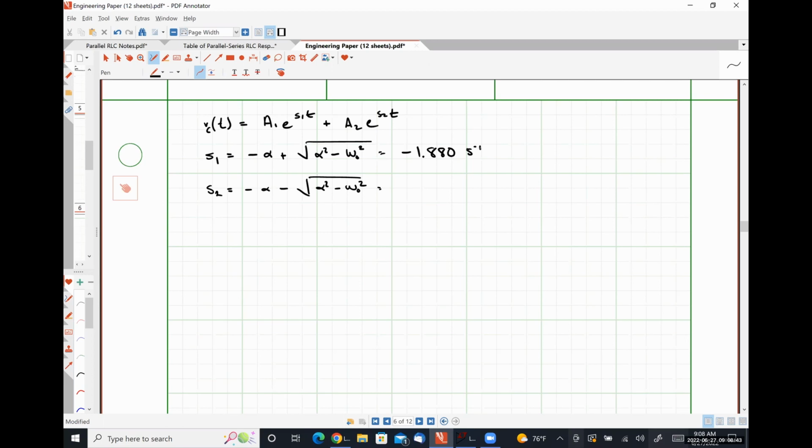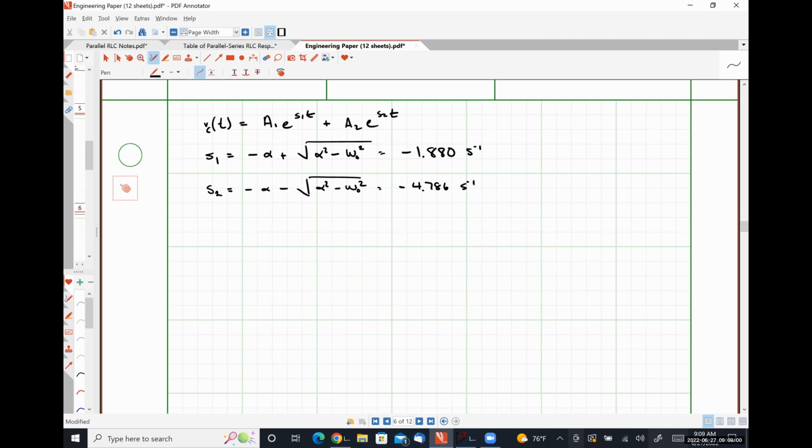And negative 10/3 minus the square root of negative 10/3 squared minus 3 squared comes out to be negative 4.786.